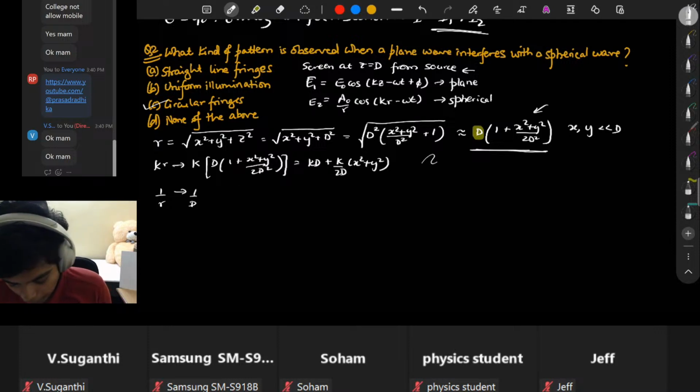Let us say we have one function f1 which is cos kr, because that is what we have in this spherical wave.